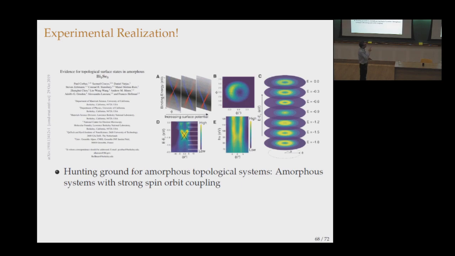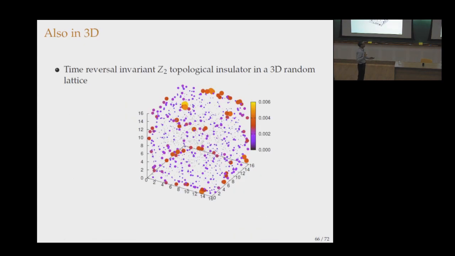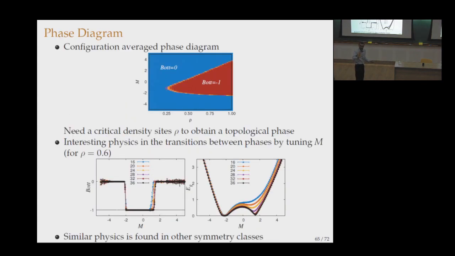I haven't seen anything in this paper. Is there anything? Did they do transport on the surface? No. See, what is the difference between an experimental plot of conductance and a theoretical plot of conductance?